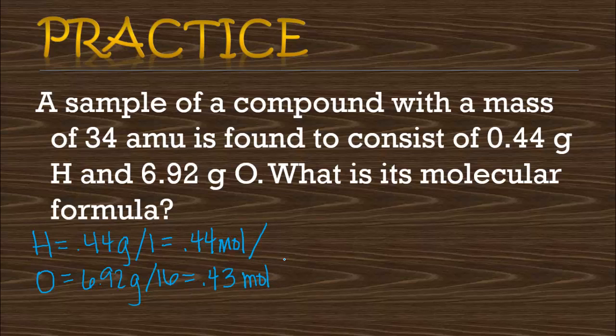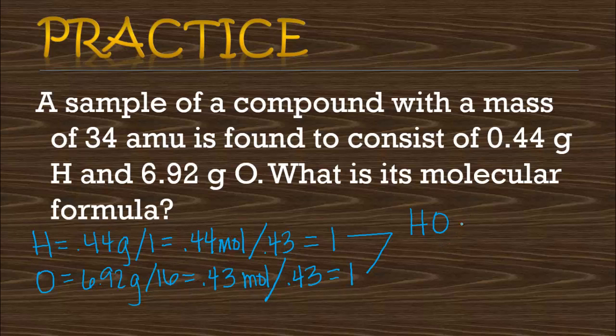Then we divide by the lowest number of moles, so 0.43. And we get our ratio. So this is going to give us our empirical formula. So I have H and O.